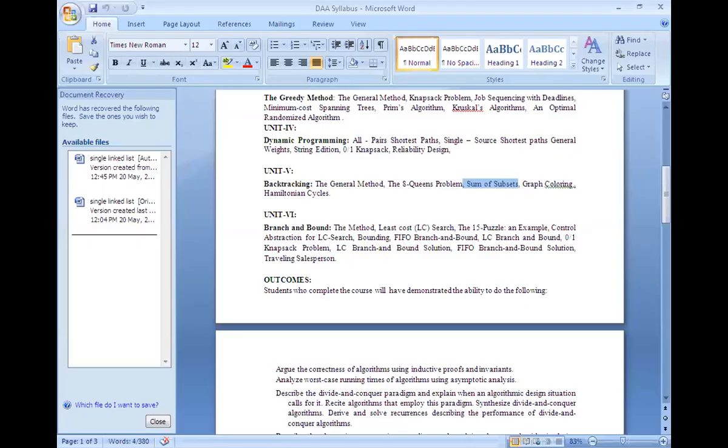So what is the complexity of the sum of subset problem? The complexity is 2 power n, because it constructs every possibility, so it is a very time-consuming process.